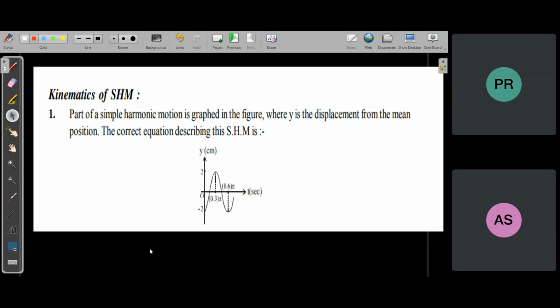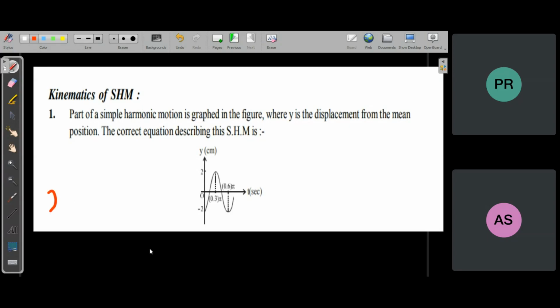Yes, sir. It's 2 sine 3.3 t plus 3 pi by 2. Yeah, tell me. One minute, so the correct equation described. Tell me the equation.